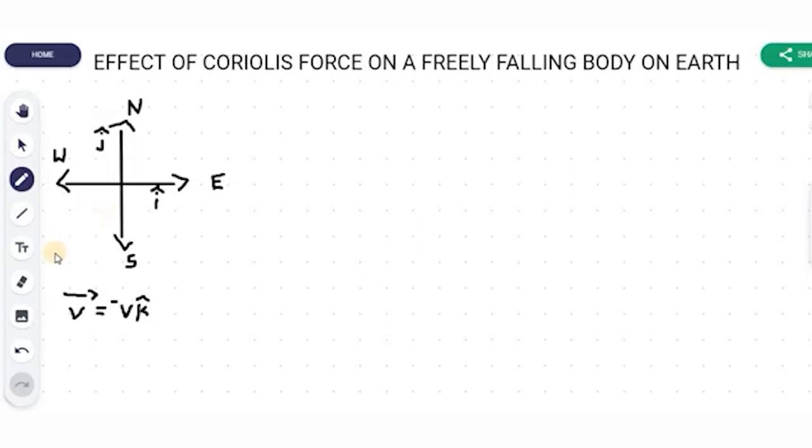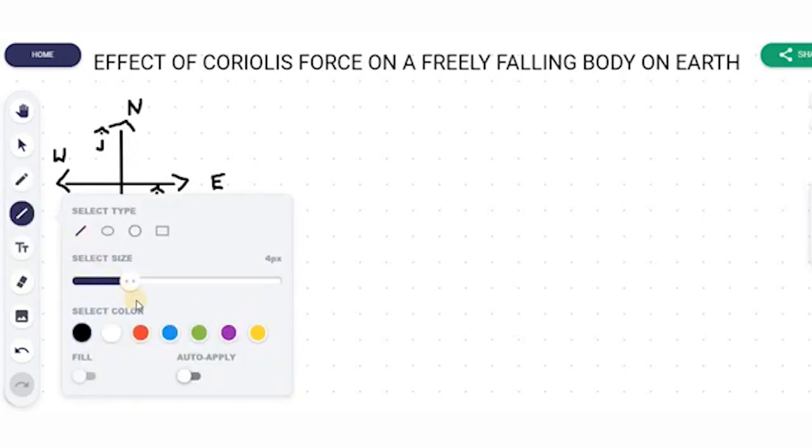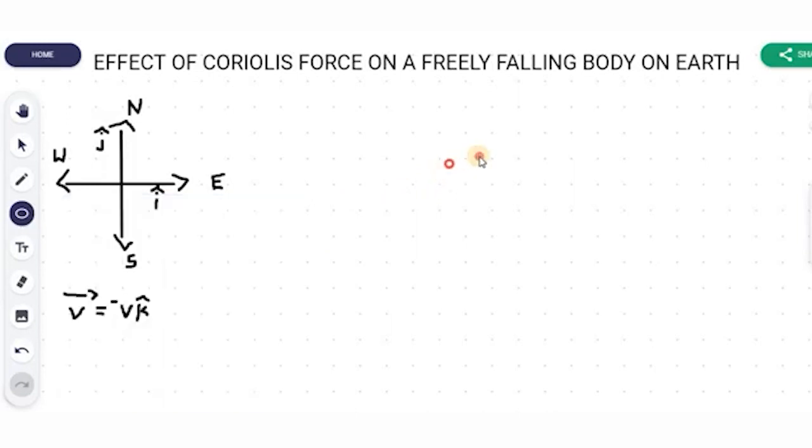If this is the plane of the paper, k will be perpendicular to the plane indicating the vertically upward direction, and minus k means the downward direction. Positive k is the vertically upward direction, minus k indicates the downward direction. And I'm going to represent it pictorially.